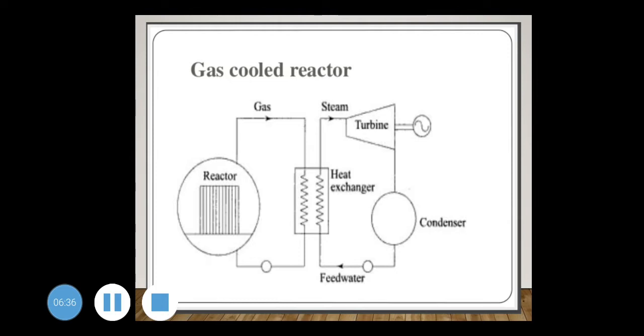The steam is sent to the turbine over the blades of the turbine. At that time the turbine rotates, and it is coupled to the alternator, which generates the electricity. And the steam or water from the turbine is condensed in the condenser, and fed to the heat exchanger through the feed water pump.